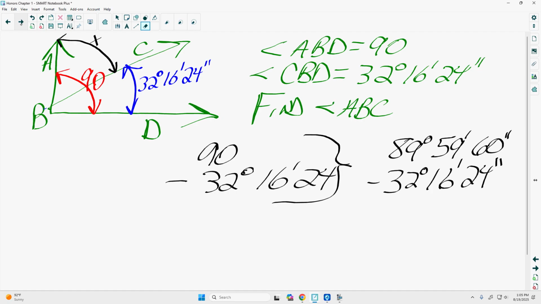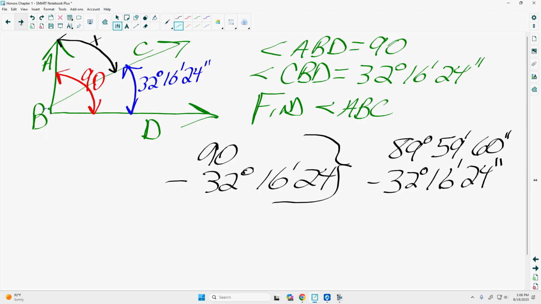Because 60 seconds makes a minute, and 60 minutes makes a degree. So it's like I borrowed 1 degree and I got 60, but then I had to borrow 1 minute to get 60 seconds, from the 90.